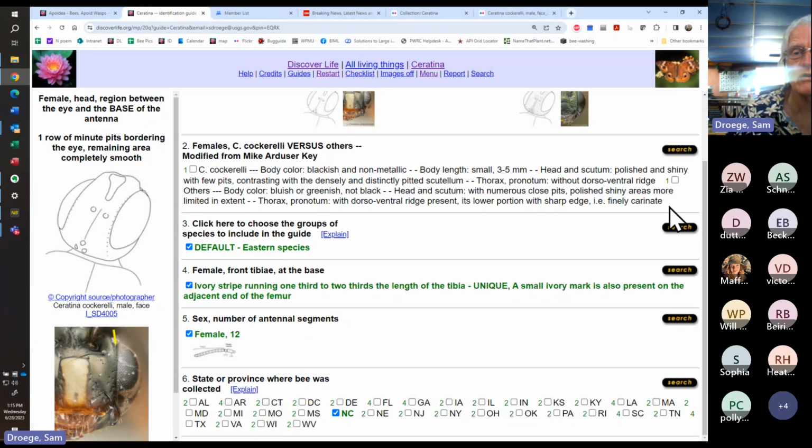So finely carinate, so a very fine raised line. This is something that I haven't looked at, but we'll circle back when we have a specimen up of these other species to see if we can locate that. So that you have several avenues that will take you out of Ceratina cockerelli land.